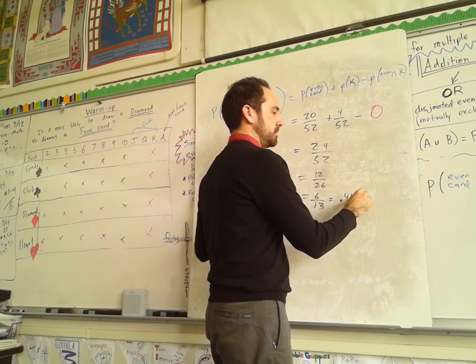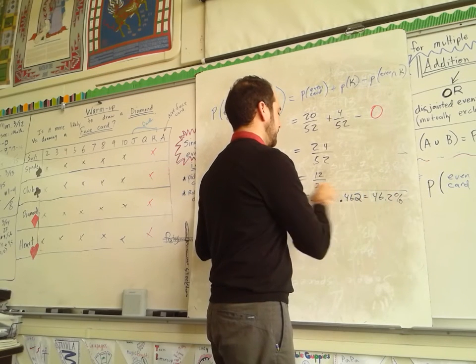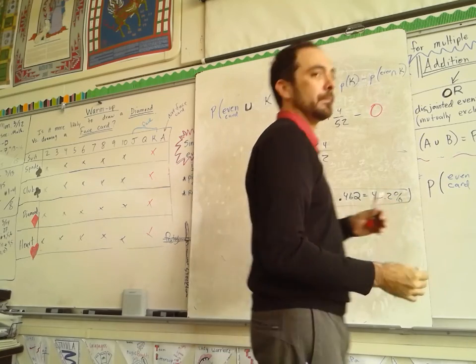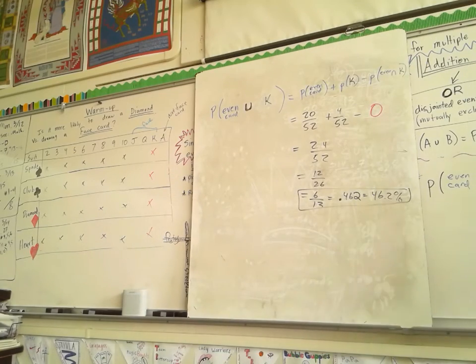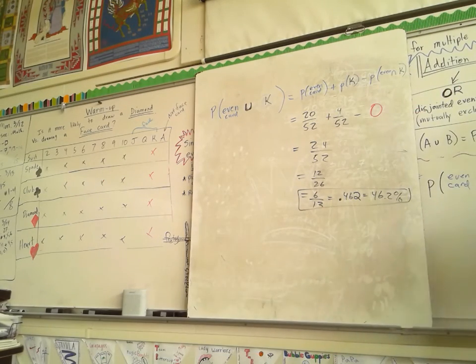Yeah. All right, then we'll go 46.2%. Got it? So this is if we have an event, even if we deal with it with the addition property, the overlap, if there's no overlap, there's no overlap. Okay, so if there's no overlap, it's going to be minus 0.